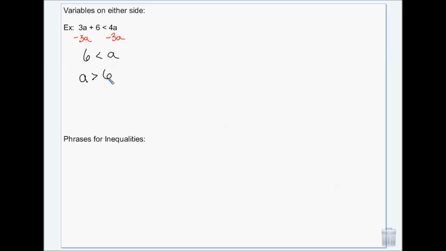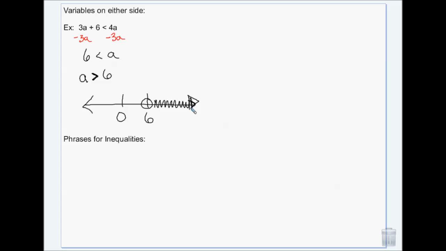Just remember the arrow has to point at the thing that it already pointed at. So I have a 6, I have greater than, so that's an open circle. And everything that's greater than 6 is this side, right? Because I have 7, 8, 9, 100, a million.